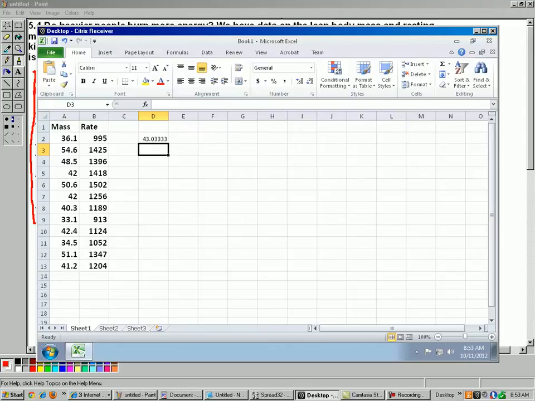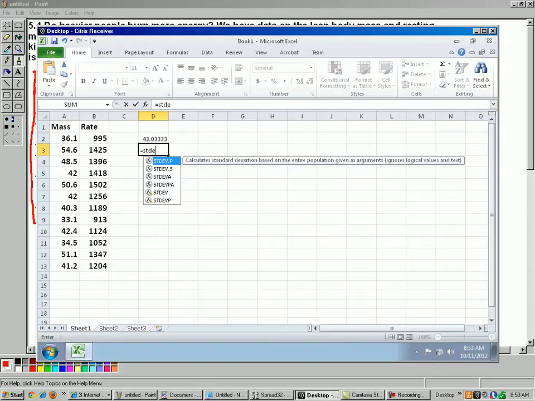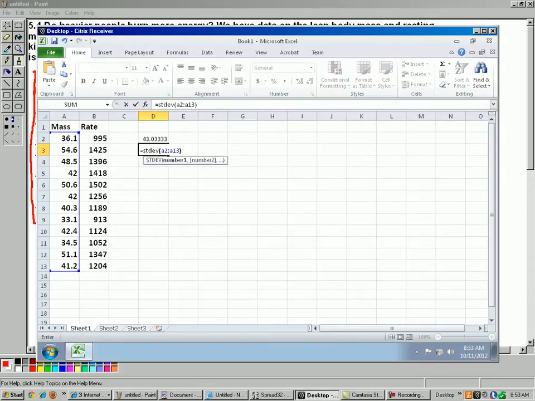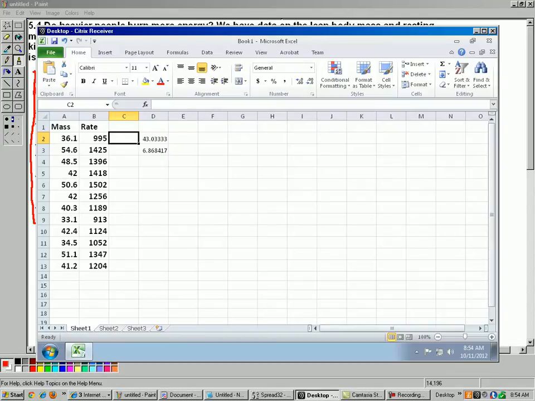Let's do the standard deviation as well. Equal sign standard deviation A2 to A13. Okay, so there's the mass. Let's label these here. This is the mean. This is standard deviation, and let's just write mass up here so we can keep track of all this.